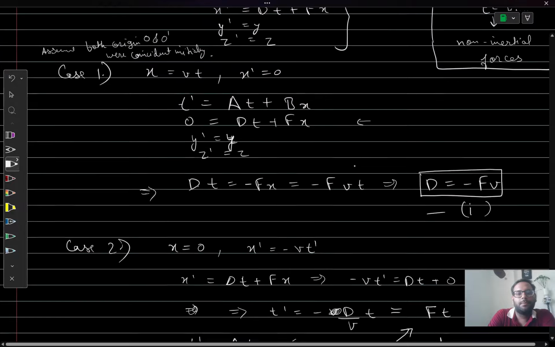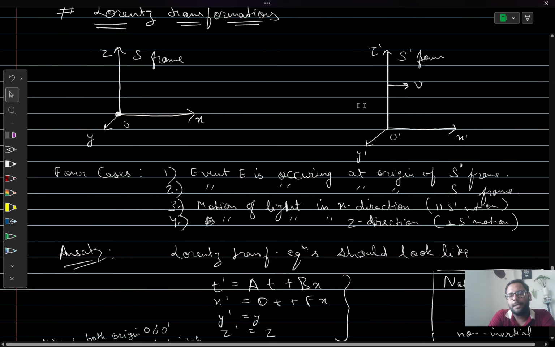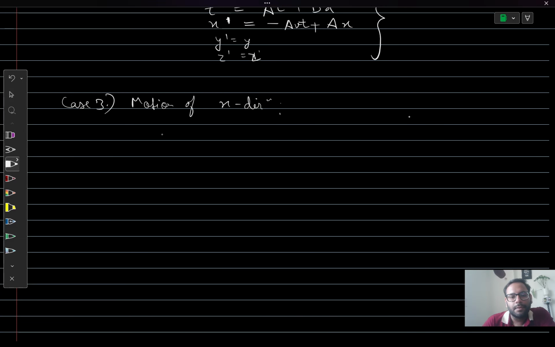So suppose the light is originating from this O, the origin. In t time, it will cover some distance c. Light originates at x equals 0 and travels along the x direction, suppose.